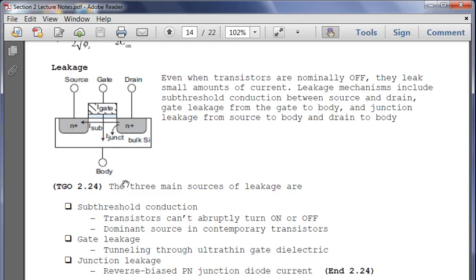When the transistors are off, we want them to have no current, ideally. However, they do leak small amounts of current. Leakage mechanisms include subthreshold conduction between the source and the drain. So below this gate threshold voltage, you're still getting some sort of conduction. You get carrier movement. Junction leakage from the source to the body.